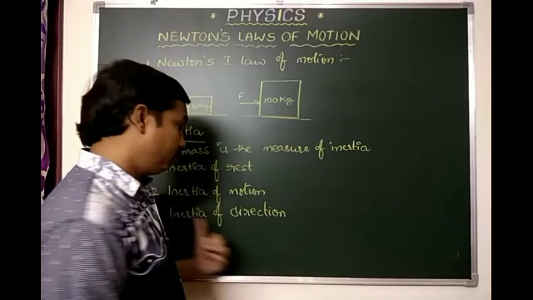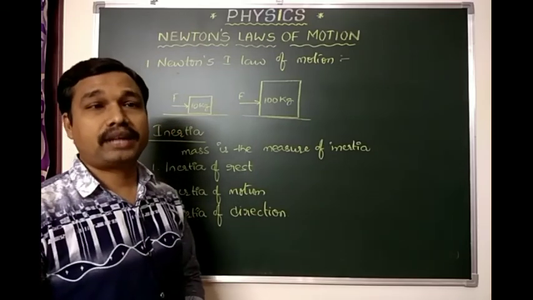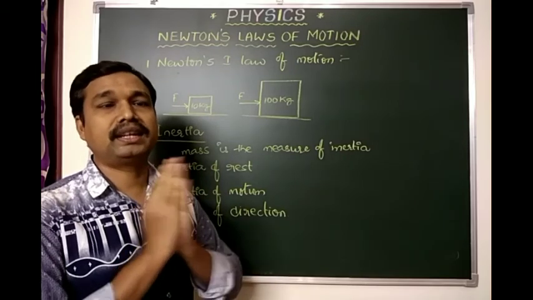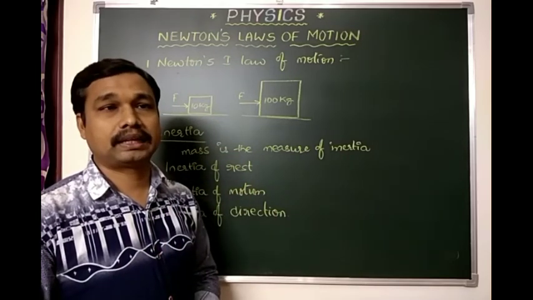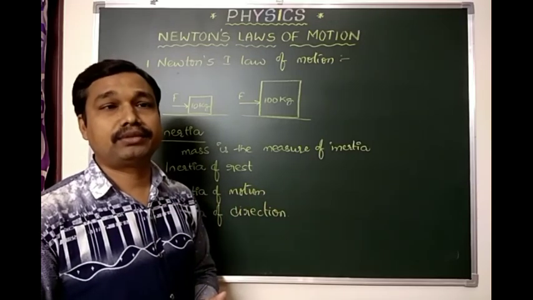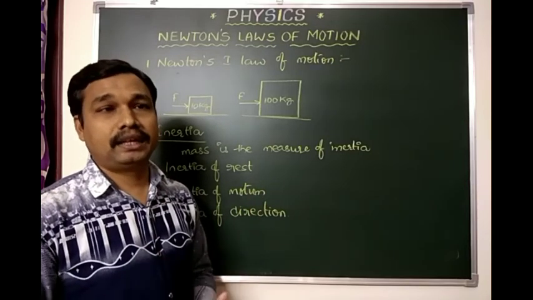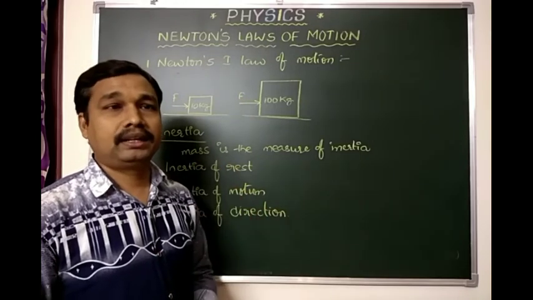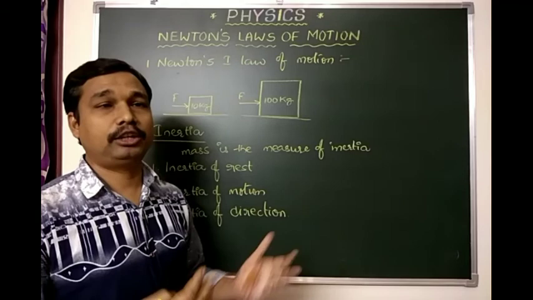And coming to the third, inertia of direction. All the objects want to continue in their direction until and unless an external force is acting. While playing carrom, cricket, or football, what do they do?